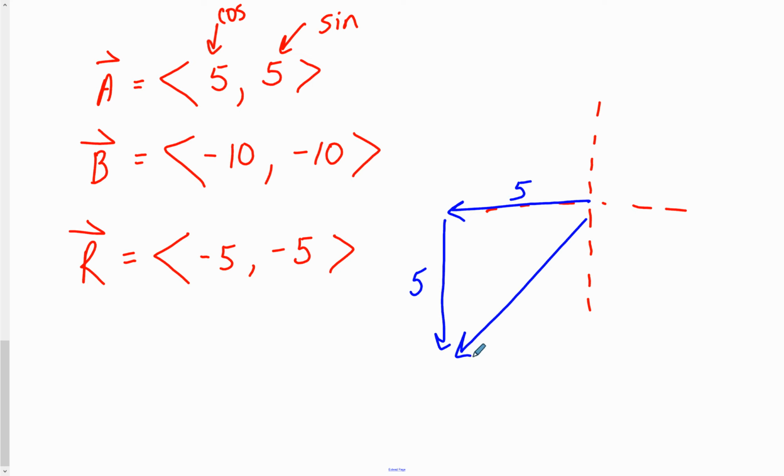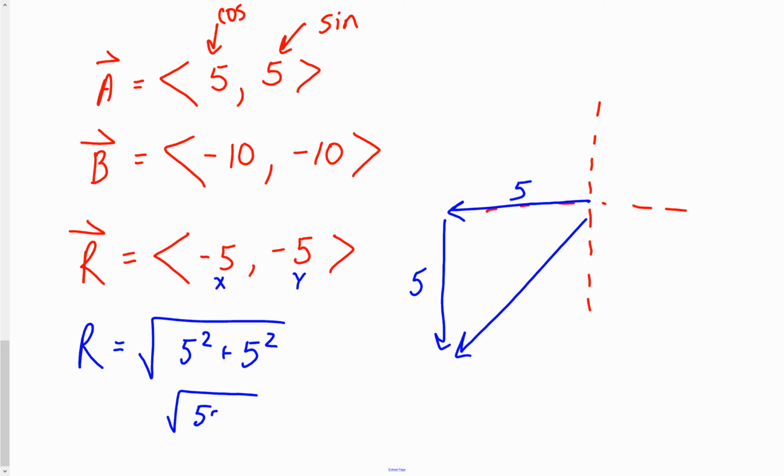And now if you want to know what R is actually equal to, all we'd have to do is 5 squared plus 5 squared. Hey, Mr. Cole, you forgot, there's X, there's Y. Mr. Cole, you forgot the negative. Guess what happens when we square a negative? Aha! So we got 25 plus 25, so we've got the square root of 50.